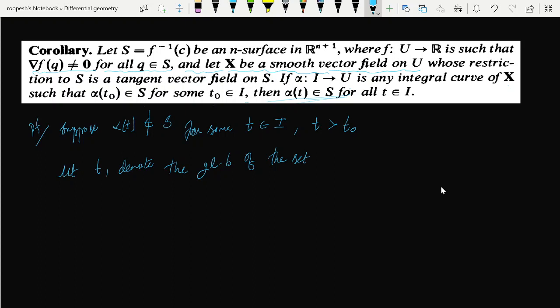We are defining the set as the set of all t belongs to I such that this t is greater than t naught and alpha of t does not belong to S.